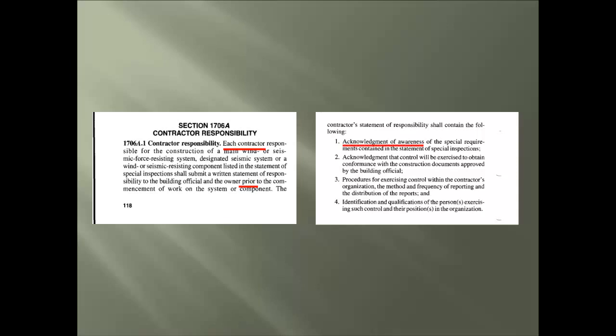Number 1 is a statement of awareness of the required inspections. The second is that control will be exercised to conform to the required approved documents, drawings, specifications, and code. The third item is written procedures showing how this will be accomplished within the contractor's company. And lastly, the contractor must identify the personnel that will exercise such control.